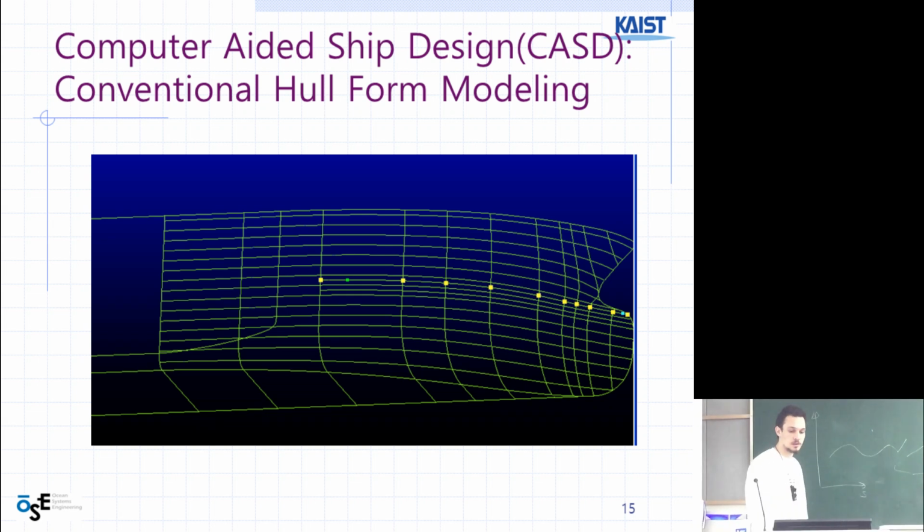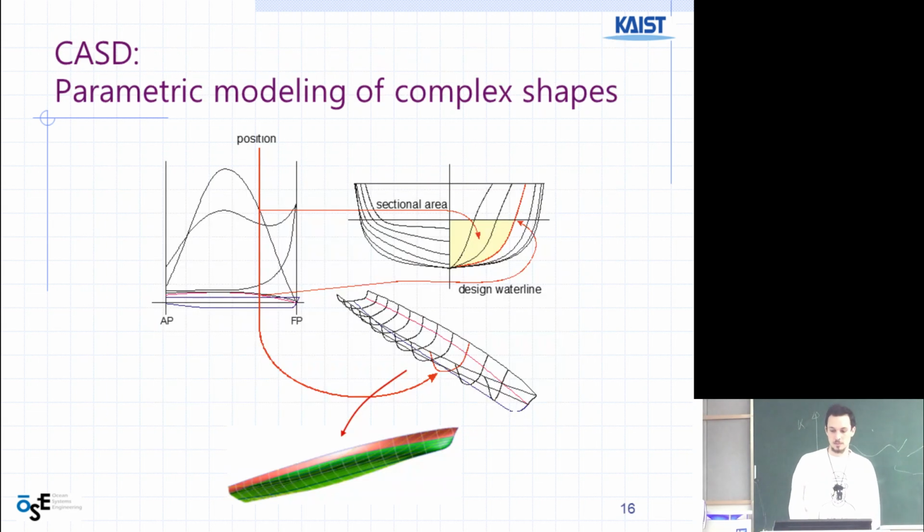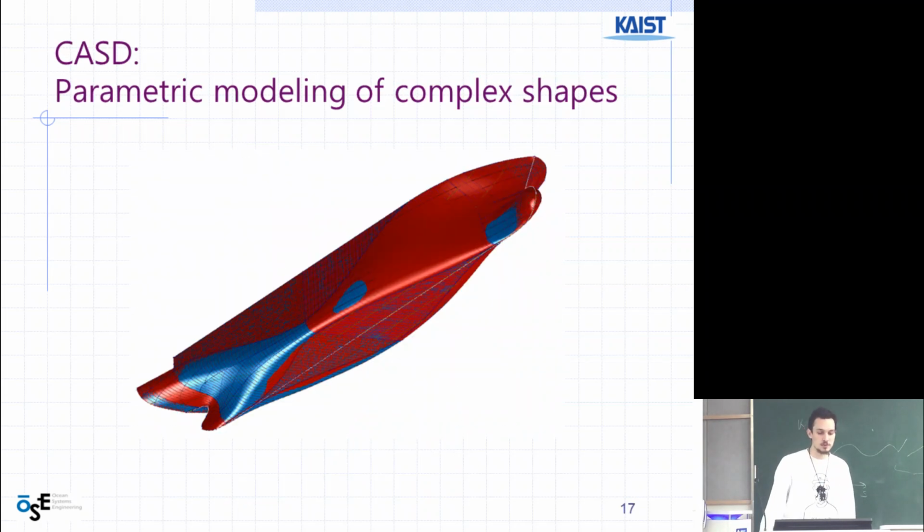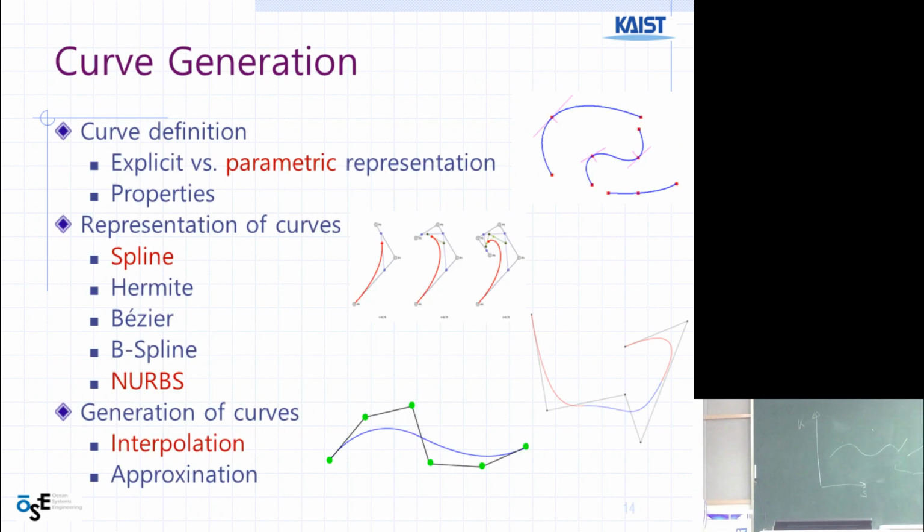I won't go into details here because it's pretty complicated, but just remember that it's for drawing smooth curves. We can differentiate these methods into interpolation and approximation. Interpolation is when we know the points and we interpolate between two points. And approximation is when we have the points, but we approximate the curve between the points.